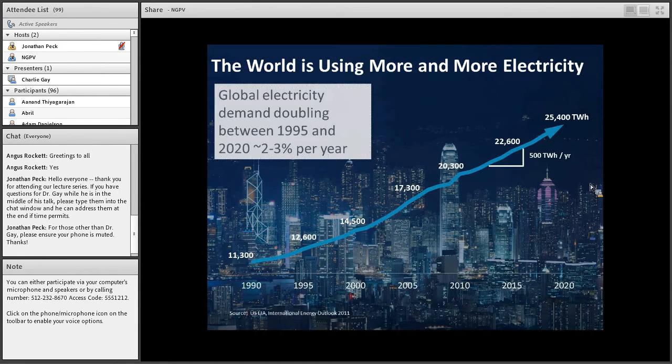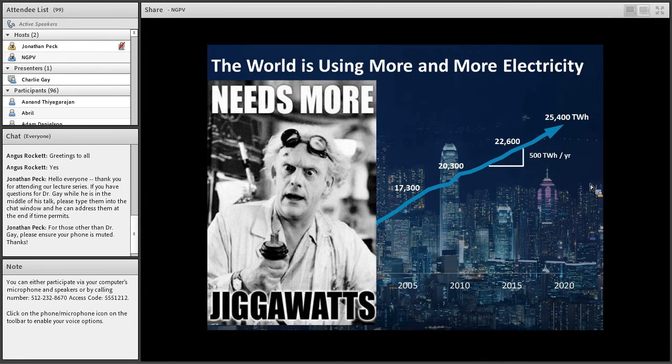So in looking at, if you click it again, you can see that the demand for electricity continues to grow and grow. We know that we're going to need a lot more gigawatts as we find our way into the future.